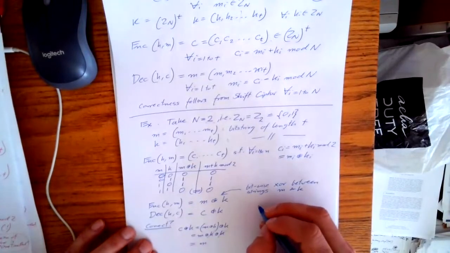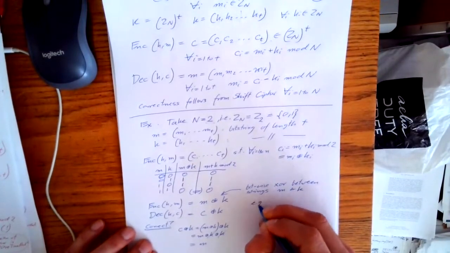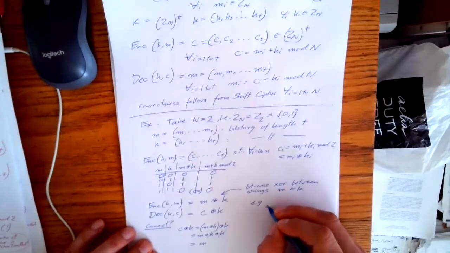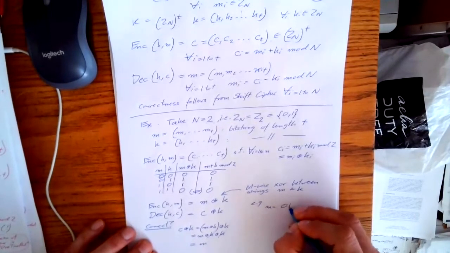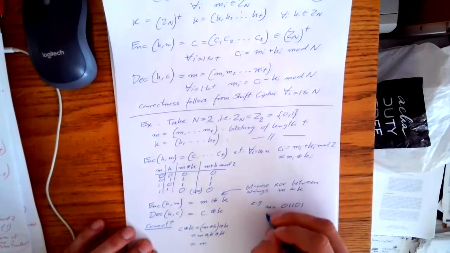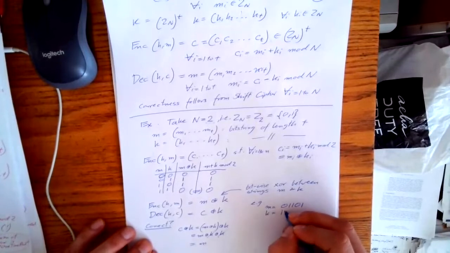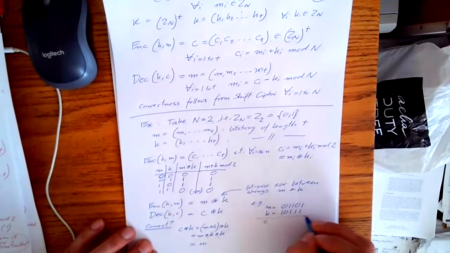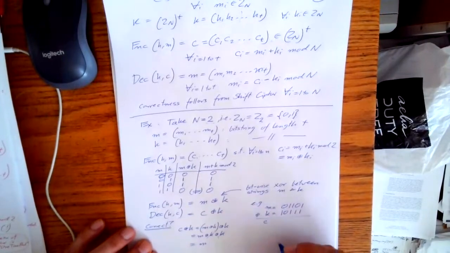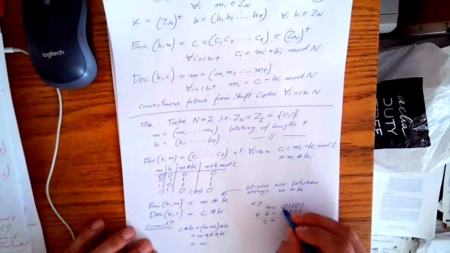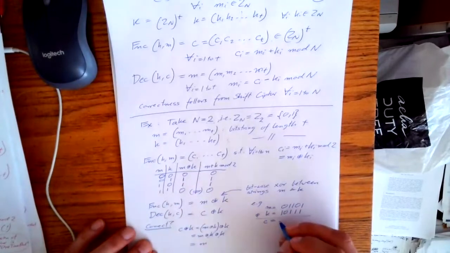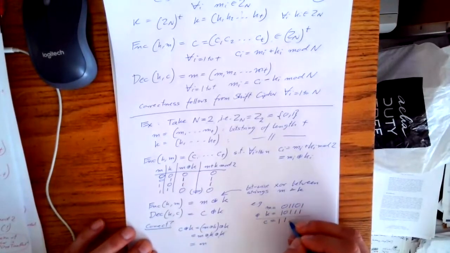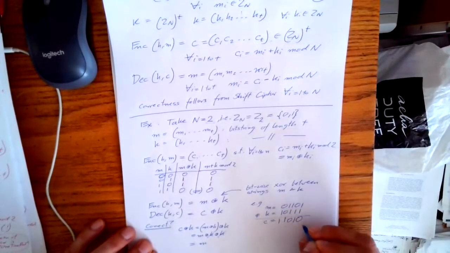And you can check, take some small example. Message, let's say, 01101, key 10111. Okay, so what's the ciphertext? It's an XOR of these two, so a bitwise XOR: 0 XOR 1, 1 XOR 0, 1 XOR 1, 0 XOR 1, 1 XOR 1.